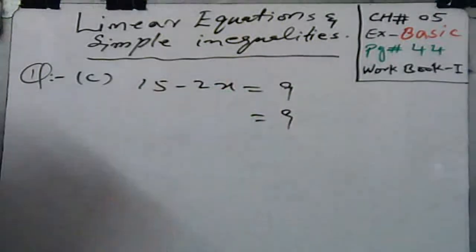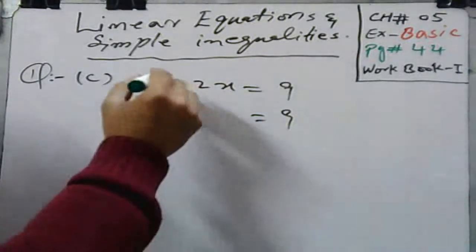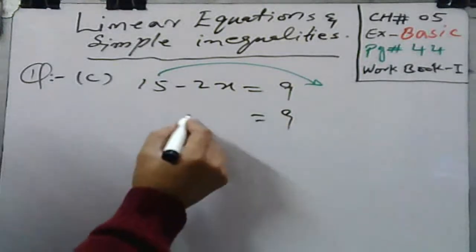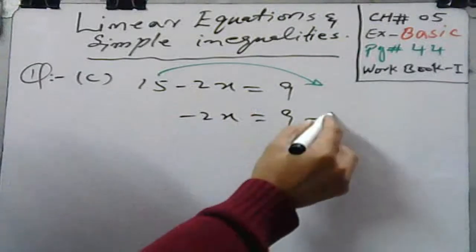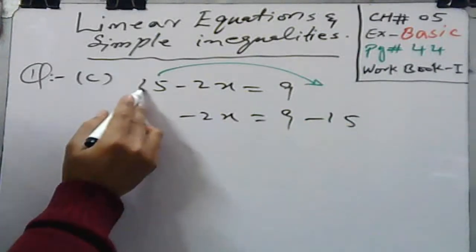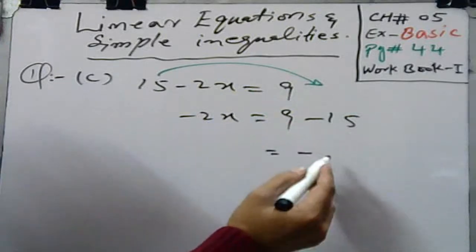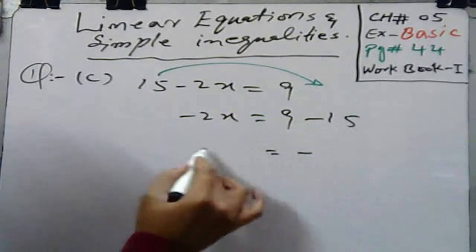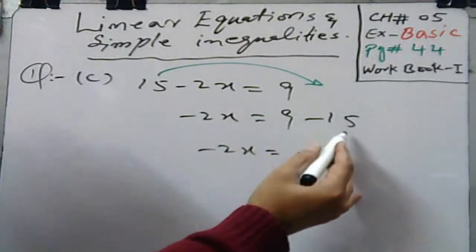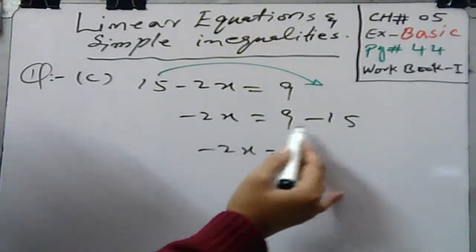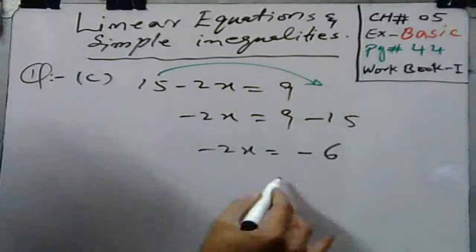Shift the constant to the other side, you will get minus 2x equals minus 15. Here 15 is positive. When shifted across the sign of equality, it becomes negative. So minus 15, the sign of the greater value should be used, that is minus. So 15 minus 9, you will get 6.